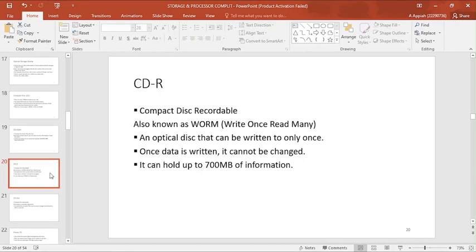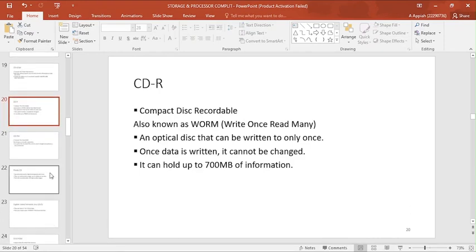The next to look at is CD-R, compact disc recordable, which can also be termed as the WORM, write once, read many. So the acronym WORM, write once, read many.